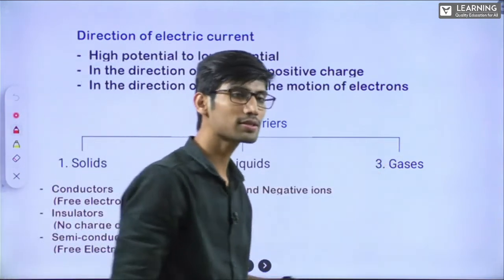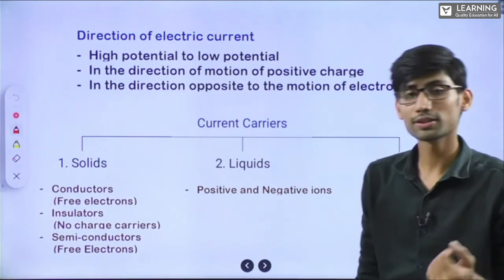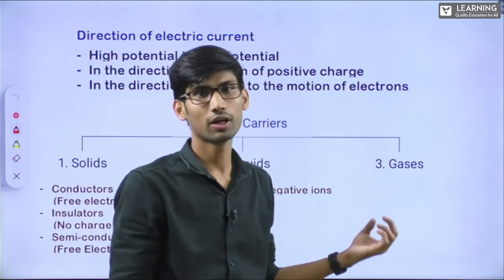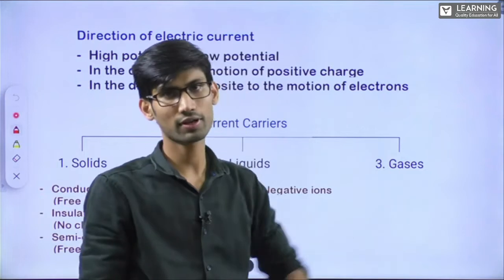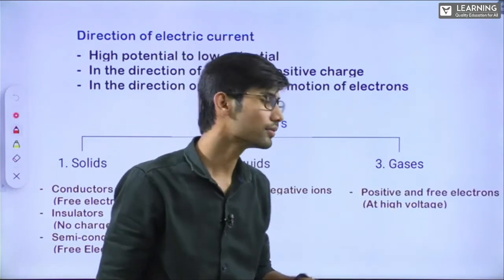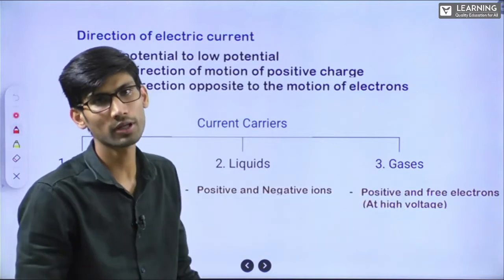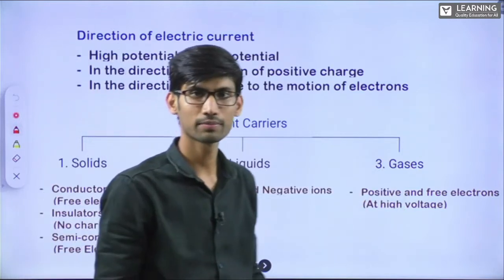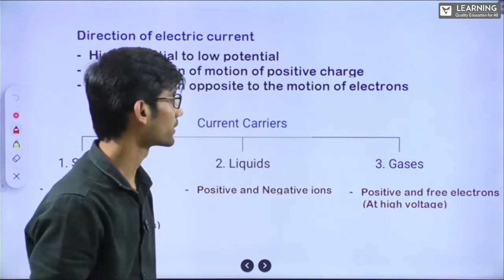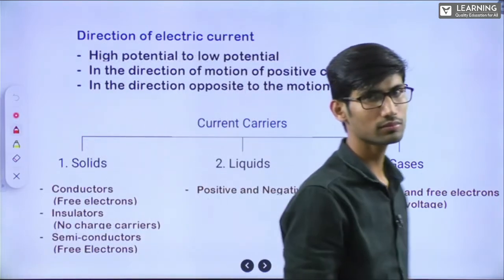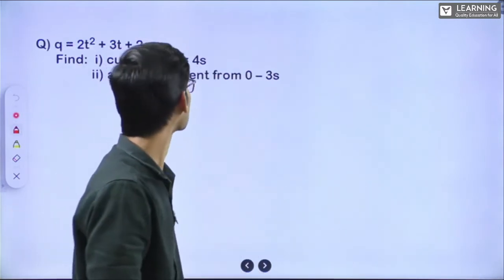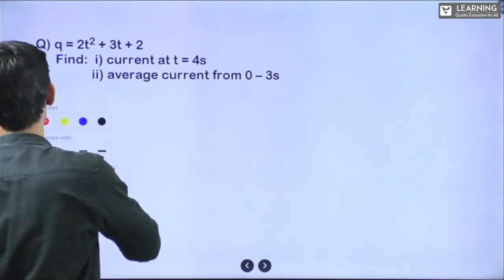If I talk about gases, normally in gases no charge carrier is there, but if we apply a very high potential difference, then at very high voltage, positive ions and free electrons will be the charge carriers. All right. Got it? Usually we will be seeing conductors. Okay, next, let's see a question.